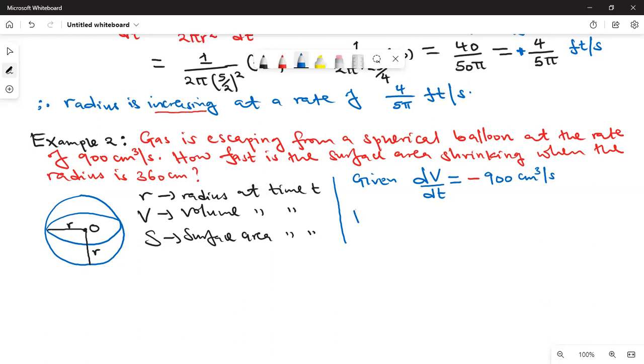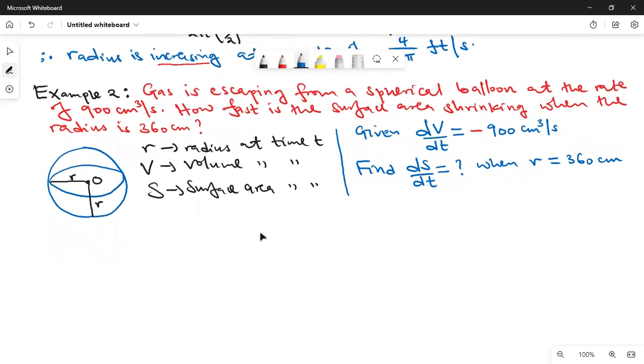So we are asked to find dS dt, the rate at which the surface area is shrinking. I don't know the value, so I'll just put a question mark, when the radius r is equal to 360 centimeters.